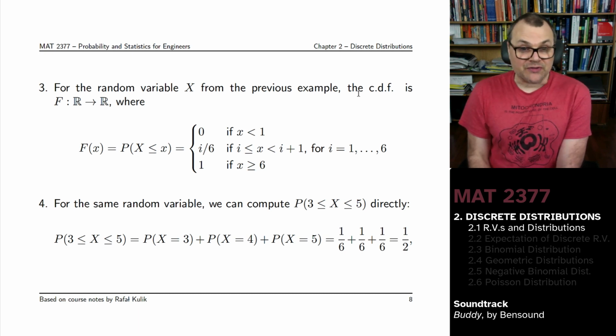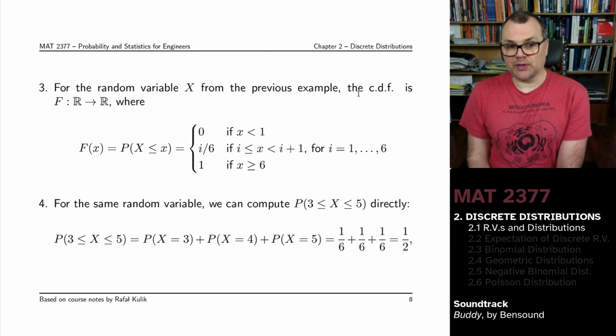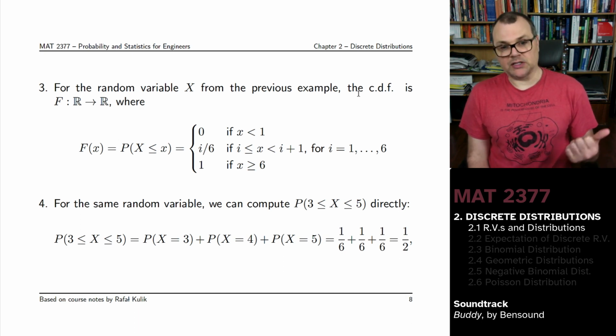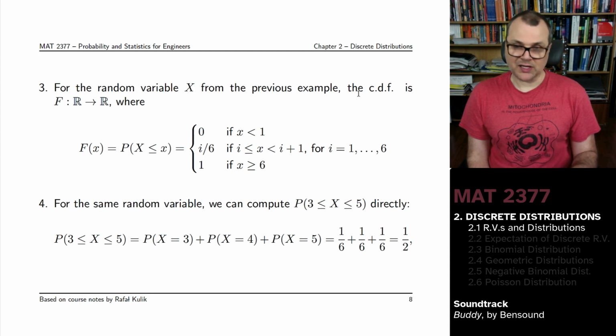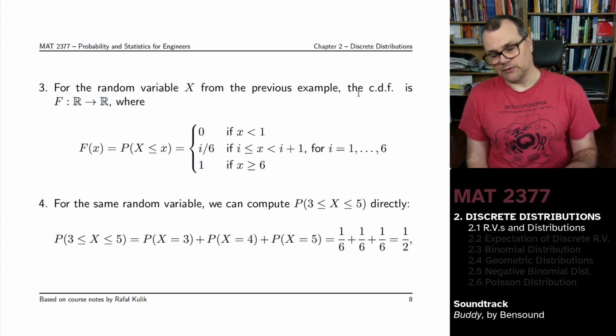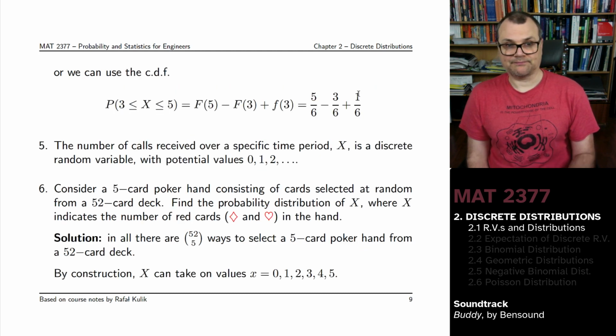For this specific random variable, what's the probability that you will roll something between a 3 and a 5 inclusively? Well, that's going to be the probability of rolling a 3 plus the probability of rolling a 4 plus the probability of rolling a 5. Each of these probabilities is 1/6. There are 3 of them, 3/6 or 1/2.